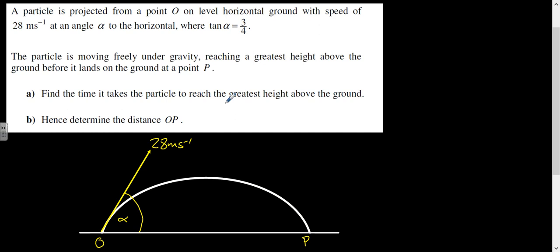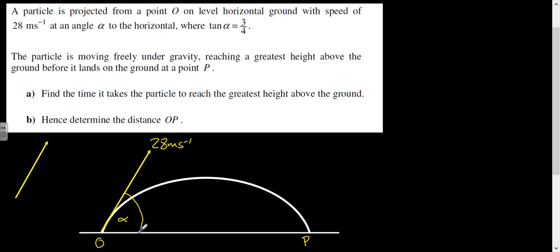So we're being asked to find the time it takes the particle to reach the greatest height above the ground. Now, one of the key things that we're going to have to do here is to think about this 28 meters per second, because as with every other aspect of mechanics, whenever we've worked with diagonals, we need to resolve. The reason we need to resolve is we work purely in terms of parallel to the plane and perpendicular to the plane.